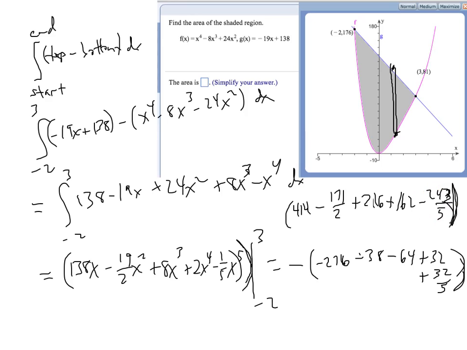So the final answer is not going to have fifths in it. So it'll be something with halves in it because of that number right there. With my parentheses on it, you should try to see if you can calculate those numbers, and I can tell you that the final answer here is 875 halves.